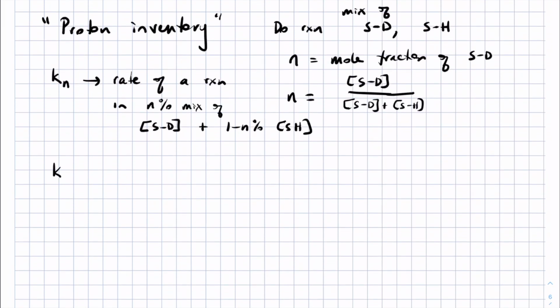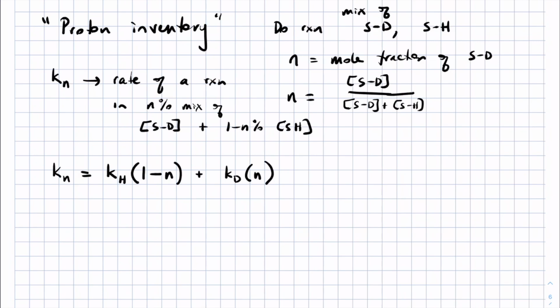And that rate we're going to assume is the weighted average of the rate of the proteated reaction times how much protonated solvent we have versus deuterated solvent, plus the intrinsic rate constant for the deuterated reaction times the fraction of deuterium that we have.